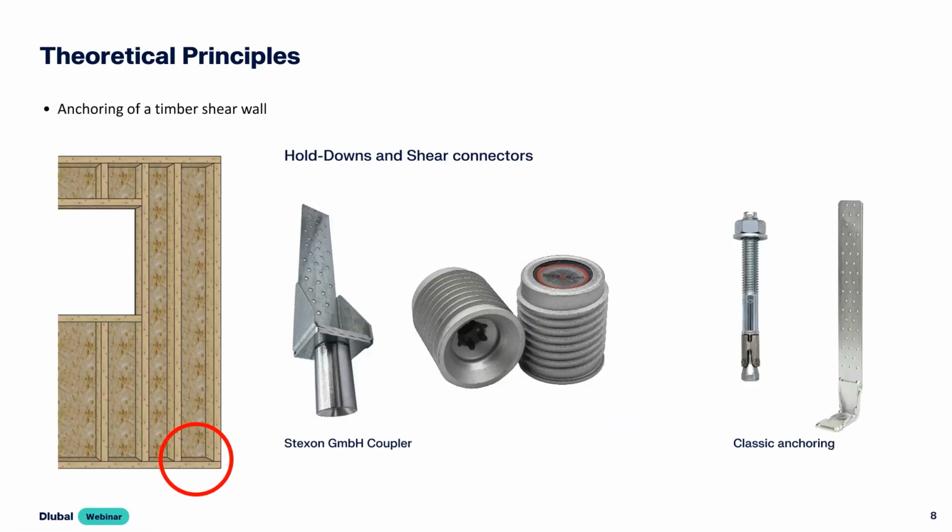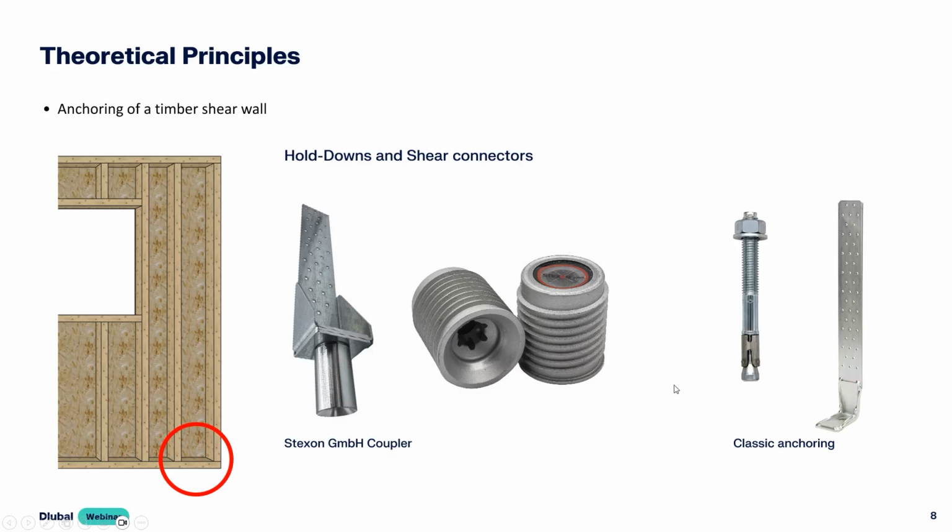Then, because of the horizontal force or lateral loads and the wall height, we will get some forces which cause tension or compression, but we focus on tension very often in timber shear walls.